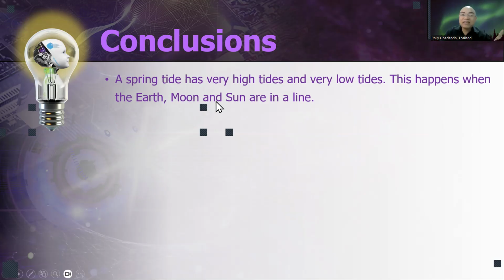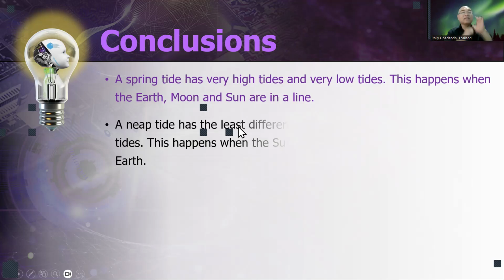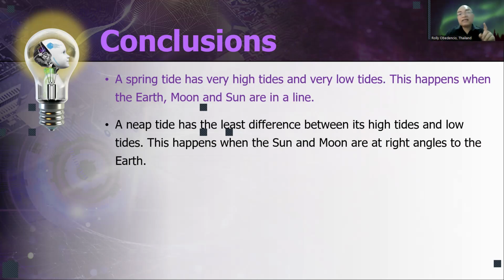A spring tide has very high tides and very low tides. This happens when the earth, moon, and sun are in a line. A neap tide has the least difference between its high tides and low tides.